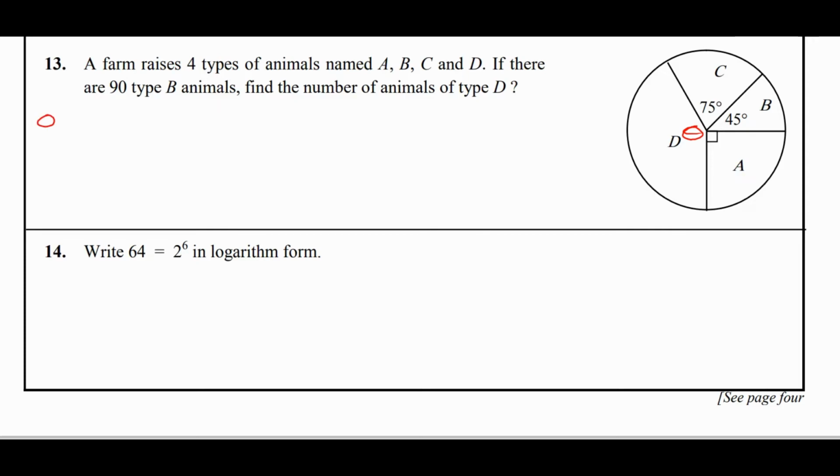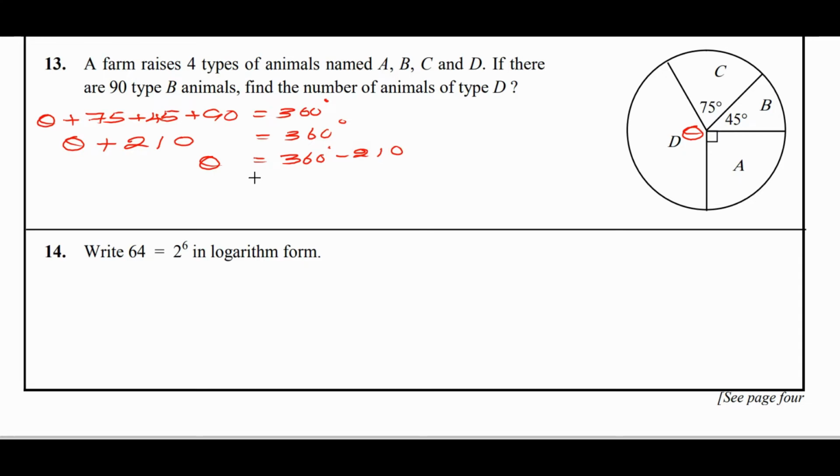Then theta plus 75 plus 45 plus the right angle 90 equals 360, so theta plus 210 equals 360. Then theta equals 360 minus 210. Then the value of theta is 150 degrees.